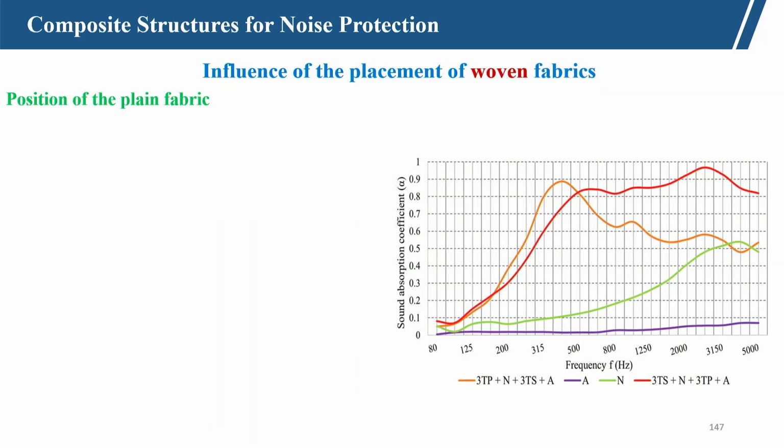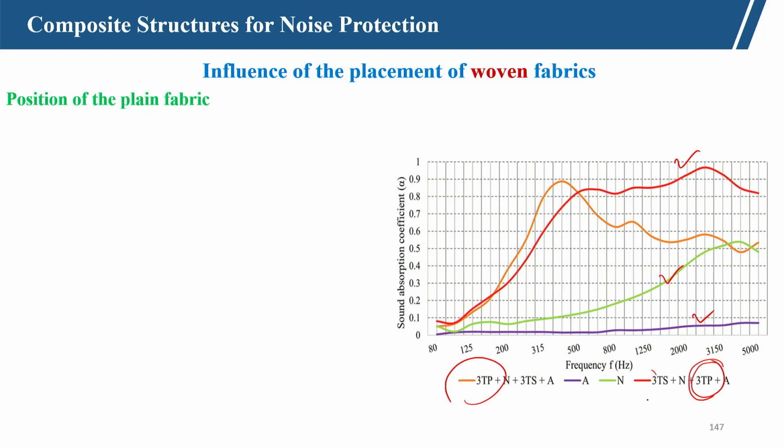Now, the influence of placing the woven fabric, the position of plain weave. You can see here, this is a non-woven layer. Plain weave fabric we are putting at the front here, and in this one we are placing the plain weave at the back.